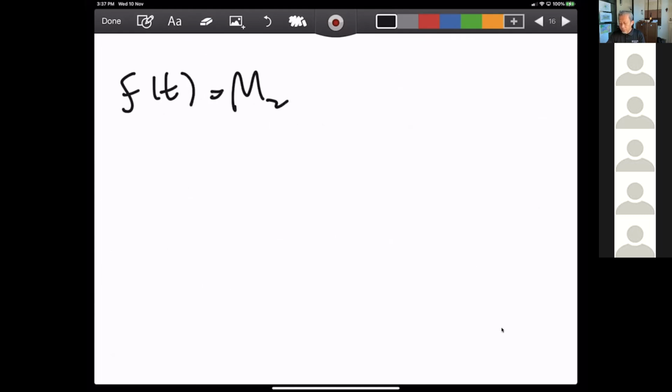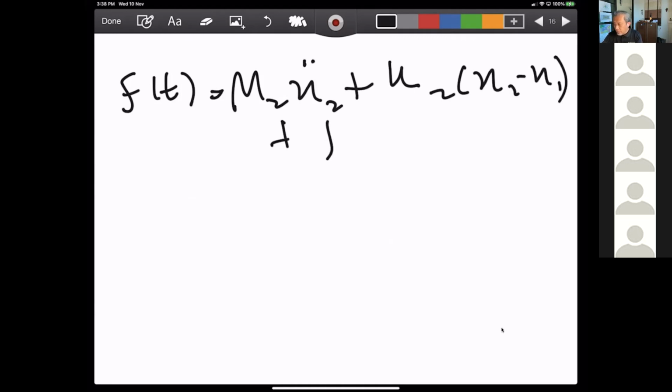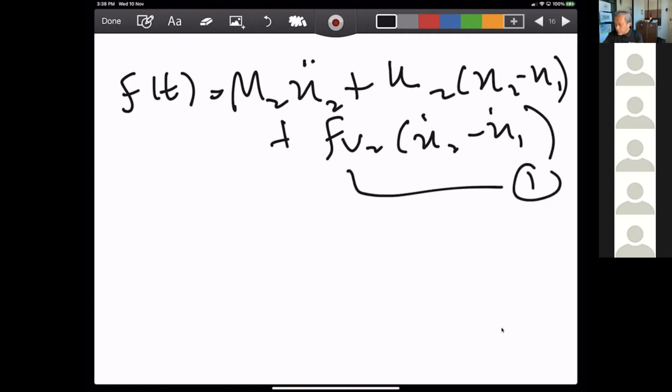And 2 X2 double dot plus K2 plus FV2, equation 1 zeros.